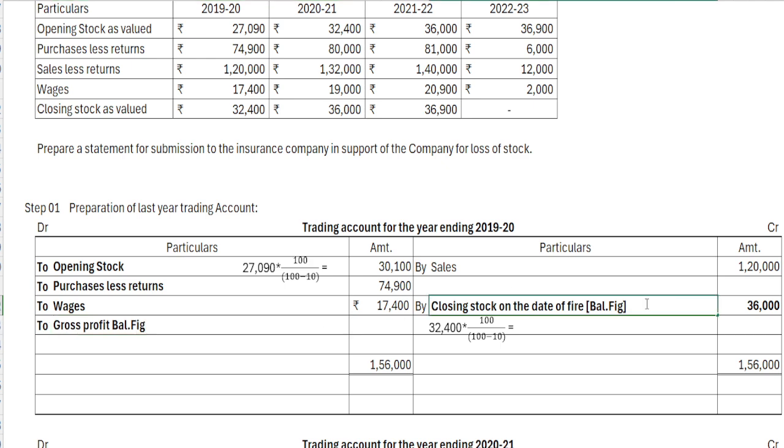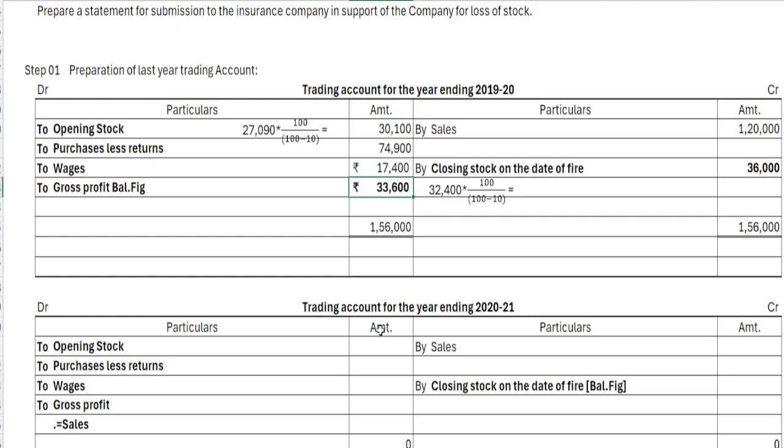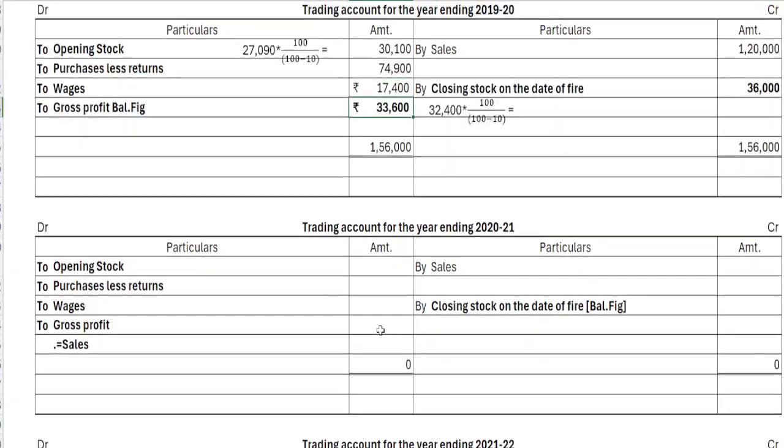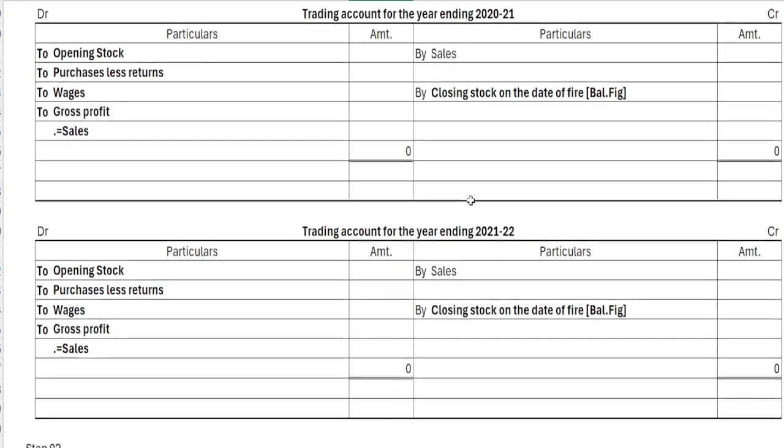Gross profit is equal to total minus the given items. 33,600 is the gross profit for the year 2019 and 2020.